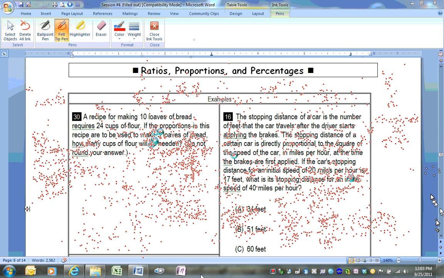Remember, central angle is proportional to the area of the sector. 72 degrees, because 1/5 of 360 degrees is 72 degrees.